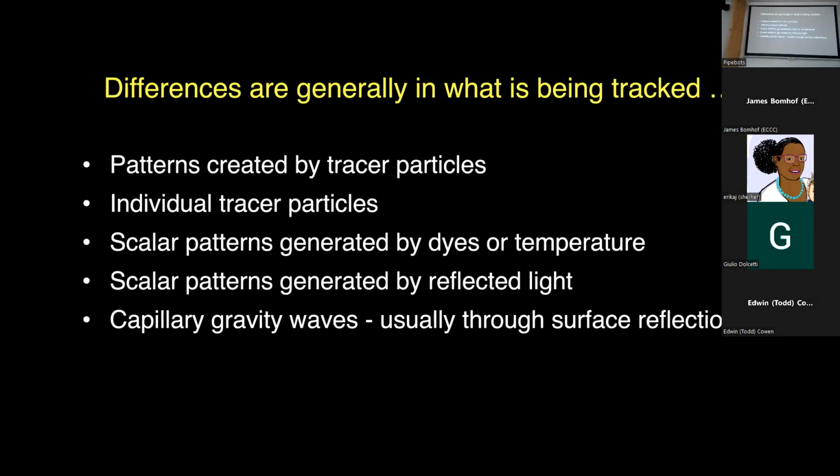So the big differences are what's being tracked, and obviously we can track particles as we see in LSPIV. We can track individual tracers, or we can track clouds of those particles, so correlation versus tracking techniques. Increasingly, my group's been back at something I started working with back in the 90s, which is tracking scalar patterns.